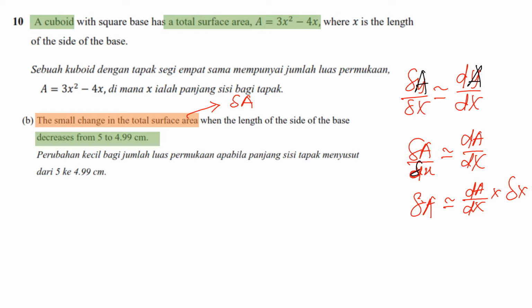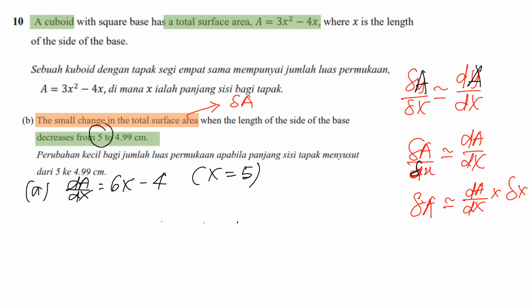From part A, when we differentiate our A, we get dA/dx equals 6x minus 4. And what is the initial value for x? Yes, you are right. x is equal to 5.